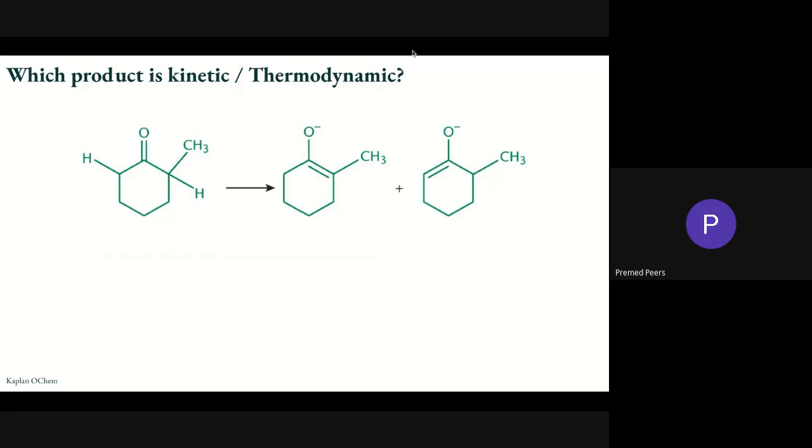So I'm going to give you guys one moment to think about which one would be a kinetic product, the left one or the right one, or which is the thermodynamic.